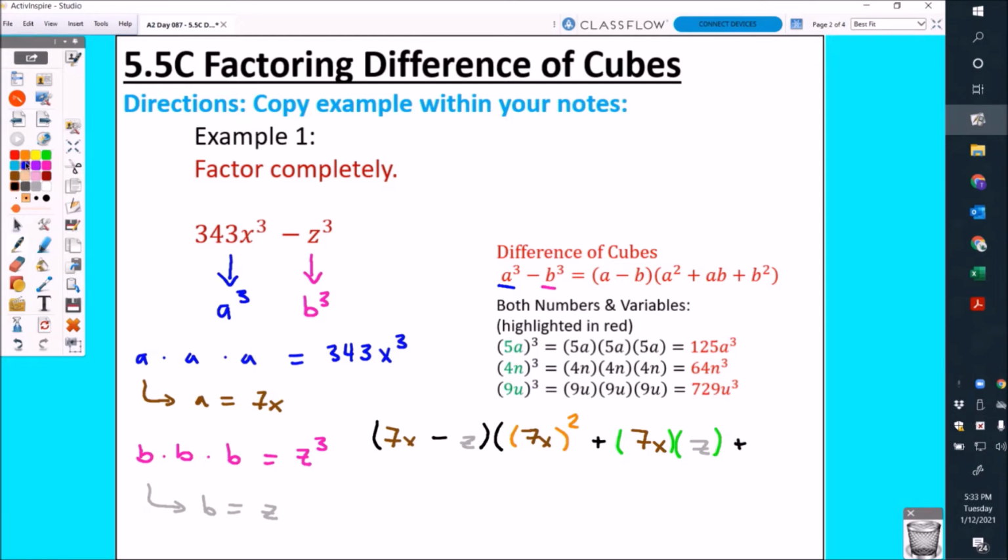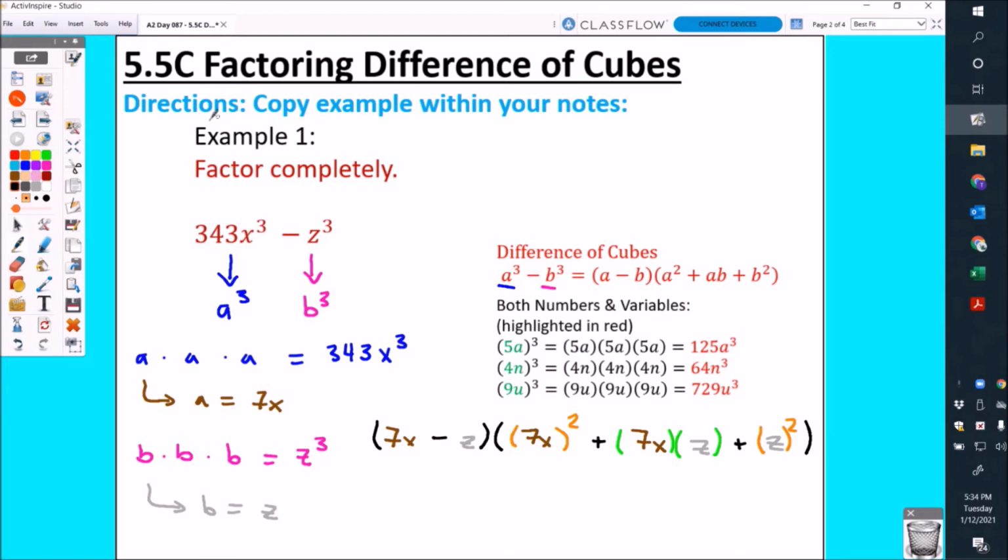So what I'm going to put is my b value squared. So z, close that up and write the square. And then close it up again with the parenthesis.